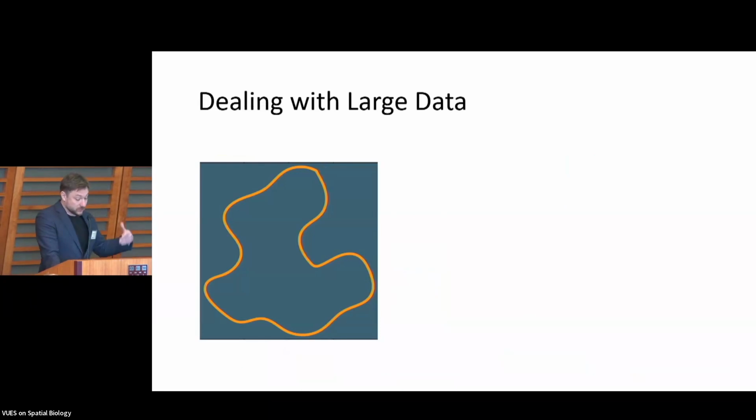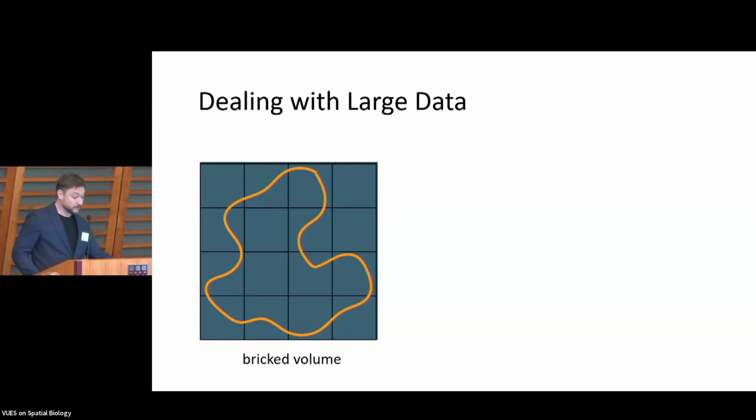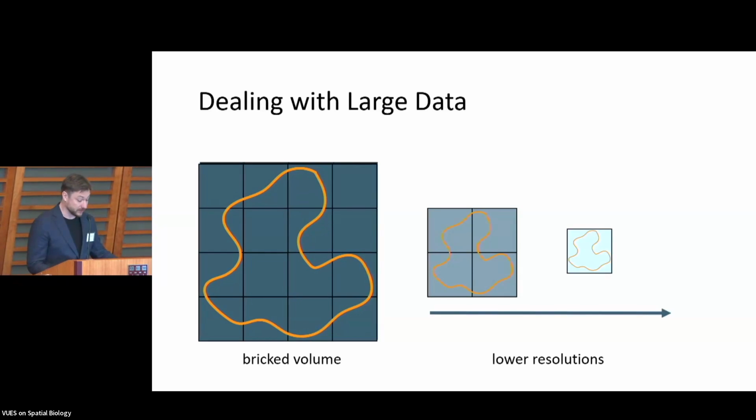When a volume is too large to fit into memory, there are basically two obvious strategies that we can come up with. We can divide it into bricks, and we can downsample it to get a multi-resolution hierarchy. And with this, all that's really left to do is to figure out which bricks are actually needed for the rendering.